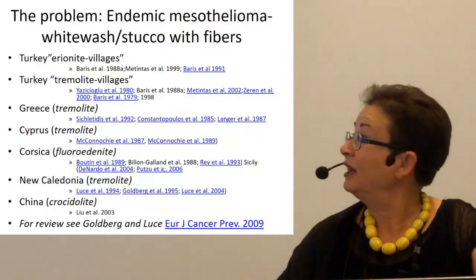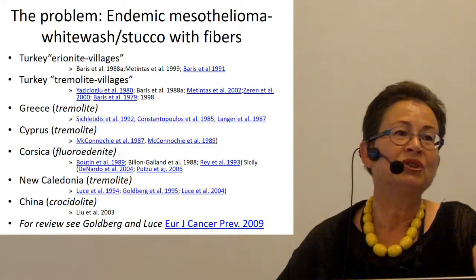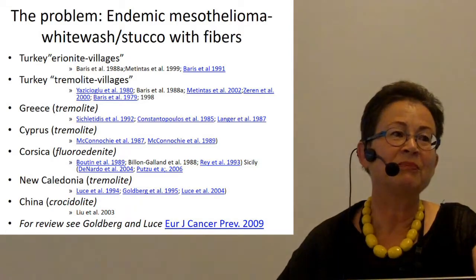I think the next step was the discovery of an endemic occurrence of mesothelioma, which was not related to occupational exposure. And this was reported from various regions in the world. Turkey was very predominant in this.